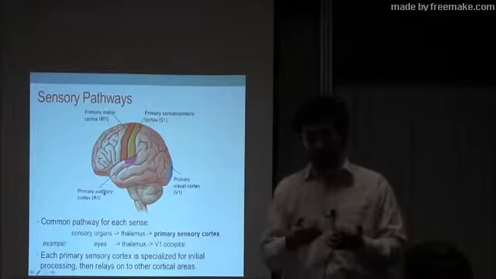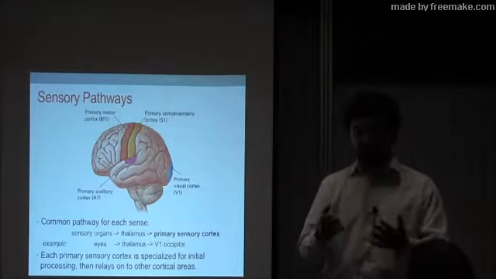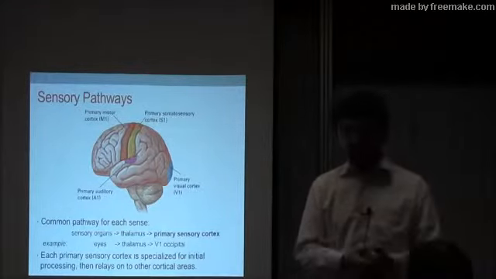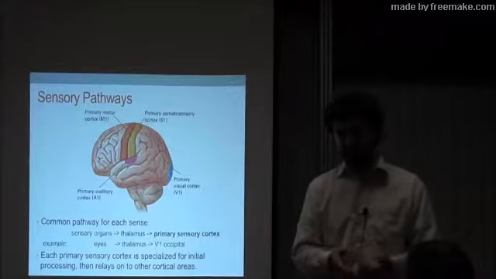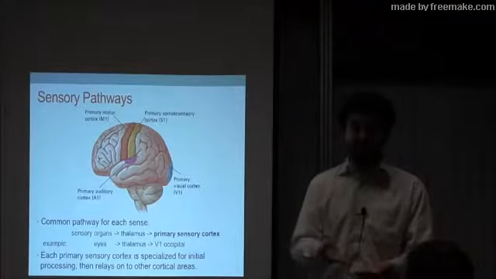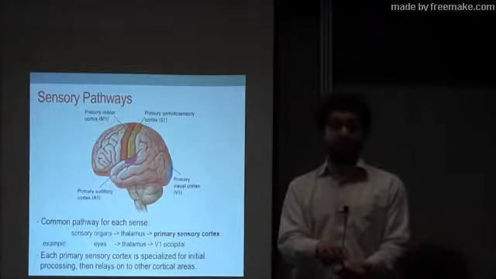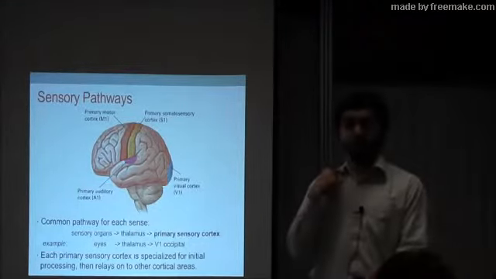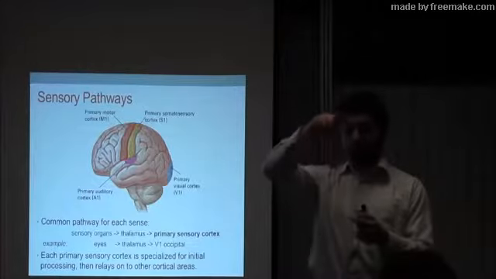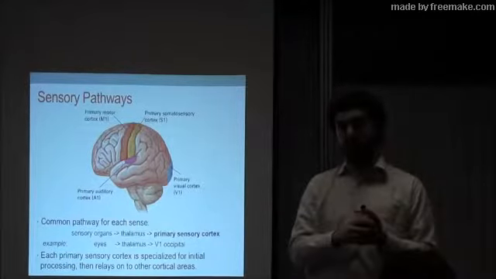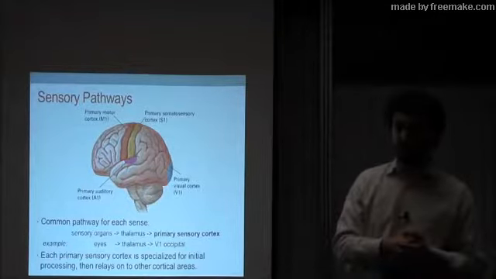But what comes first is the sensory input that goes, for example, for somatosensory sensations. What we're speaking about here, for example, pain. It's a receptor in your skin that transmits a signal to the spinal cord, and from the spinal cord goes up to your brainstem, to your thalamus, and to the somatosensory cortex.